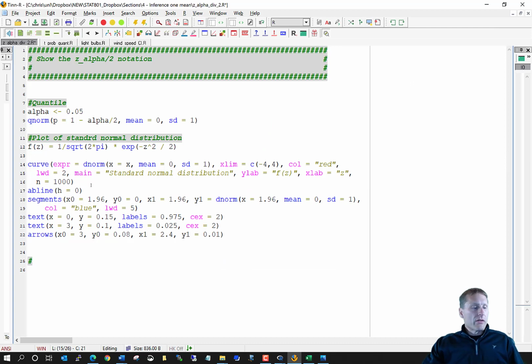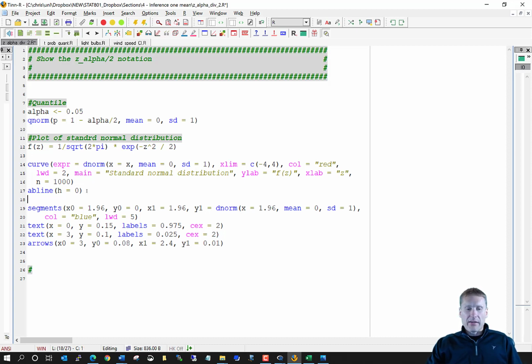Okay, so now also on page 5 on that particular plot, I also draw a line at 1.96. And we've seen this before where we use the segments function, which allows me to join two points on a plot with a straight line. Call those points x0, y0, and x1, y1.